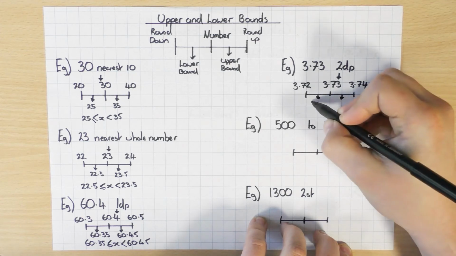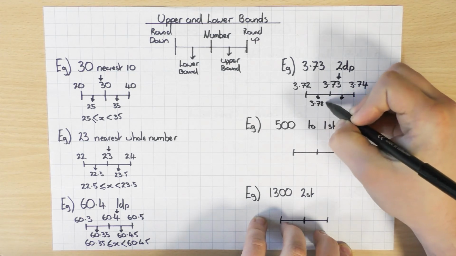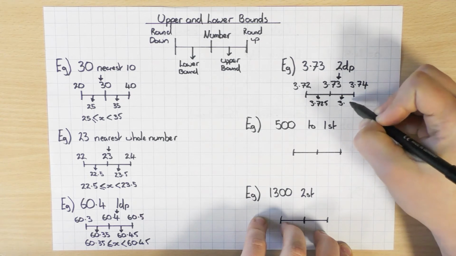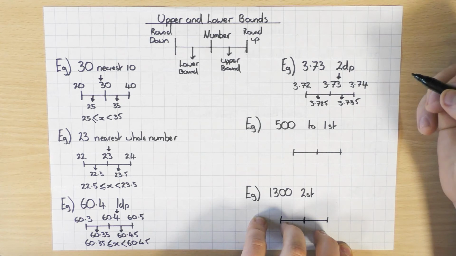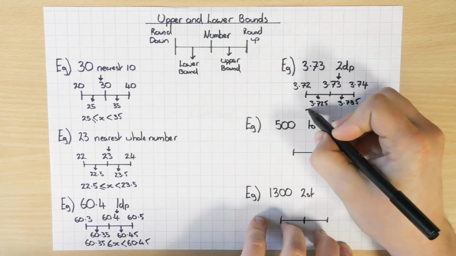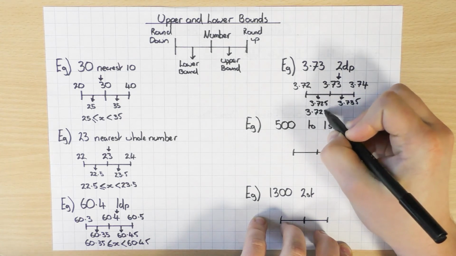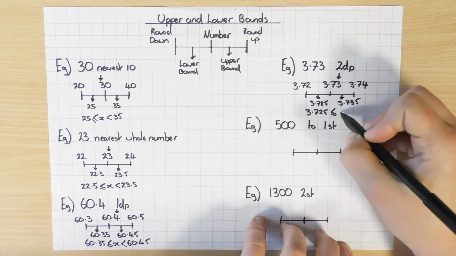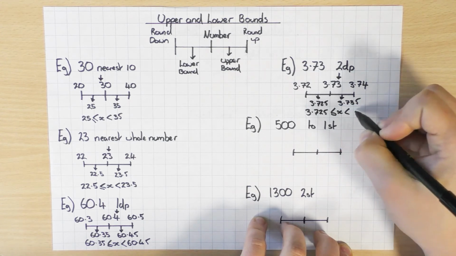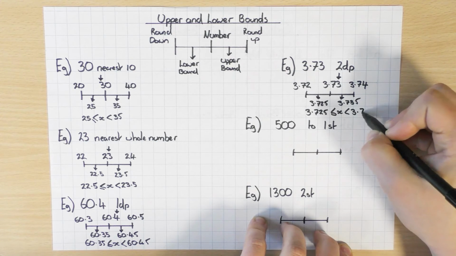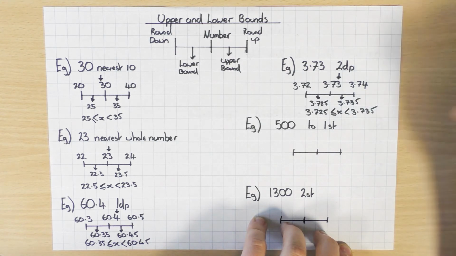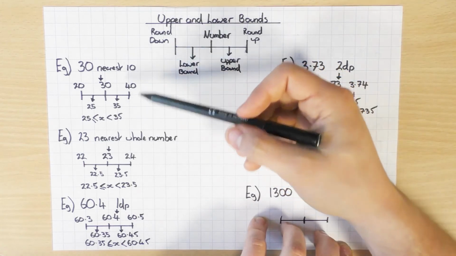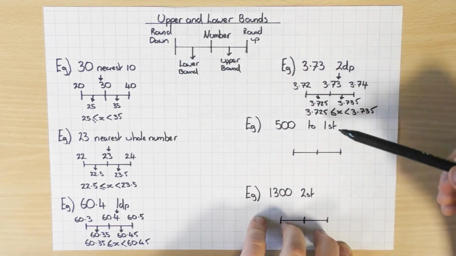Going in the middle, 3.725, 3.735. And don't forget your error interval then, so 3.725 is less than or equal to x, which is less than the upper bound, which is 3.735.